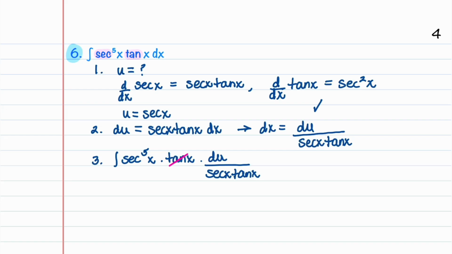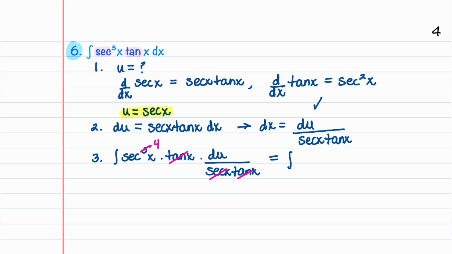Notice that tangent x is going to cancel, and then secant is also going to cancel and give us secant to the 4th x. Now, we can simplify this and let u be equal to secant x. So this gives us u to the 4th du. Now we can go ahead and integrate this.